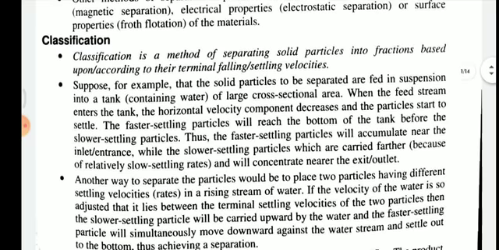Suppose, for example, that the solid particles to be separated are fed as a suspension into a tank containing water. The suspended particles are fed and entered into the water-filled tank.